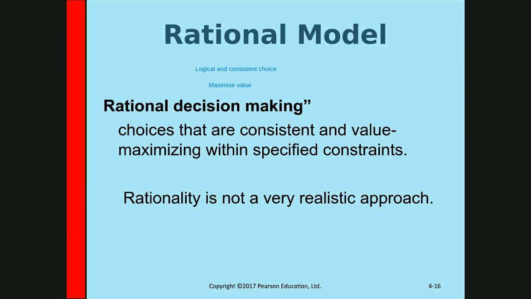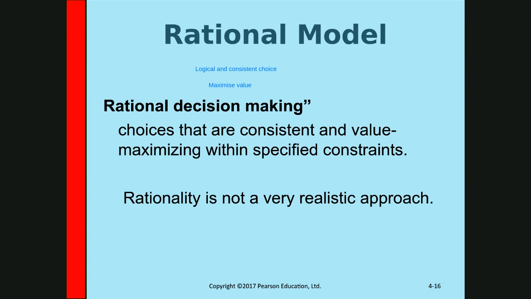This is not all. Another one is that rational decision making asks that all possible alternatives and consequences be known. However, it is usually not possible that alternatives and consequences are ever fully known.